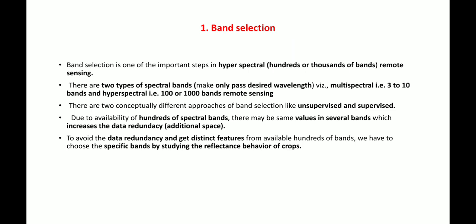These two technologies are used for band selection and spectral band analysis, and there are two different approaches to band selection, that is supervised and unsupervised classification. The supervised classification is where we manually calculate or differentiate the crops according to their growth stages or characteristics, such as the size of the leaf, the area of the leaf, or the color of the flower.